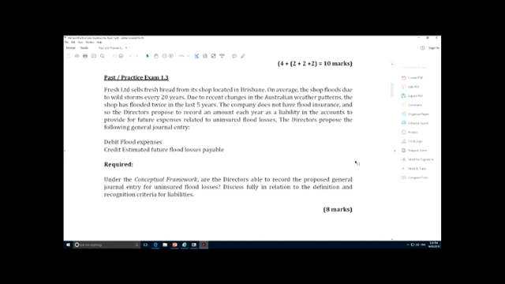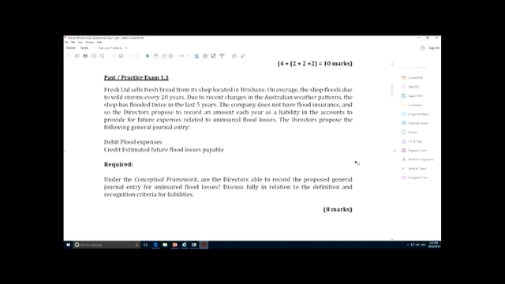So the constructive obligation is something that they do out of practice, all right? In the case of a mining company, they are providing for the restitution of the environment. In the case of a shop, they are regularly providing for flood losses because the shop is in a flood-prone district.